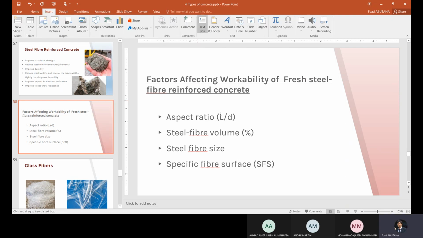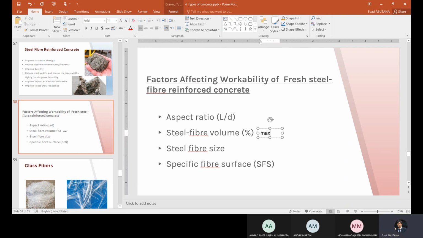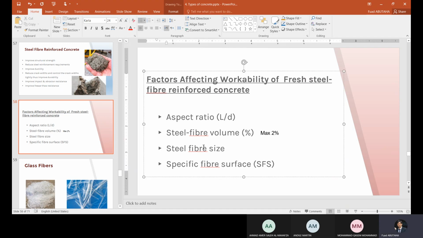Let's write it here. Maximum 2%. So 2% volume of steel fiber is the maximum. Why? As we mentioned before, the higher the fiber content, the higher the tension properties and the more ductile the material.